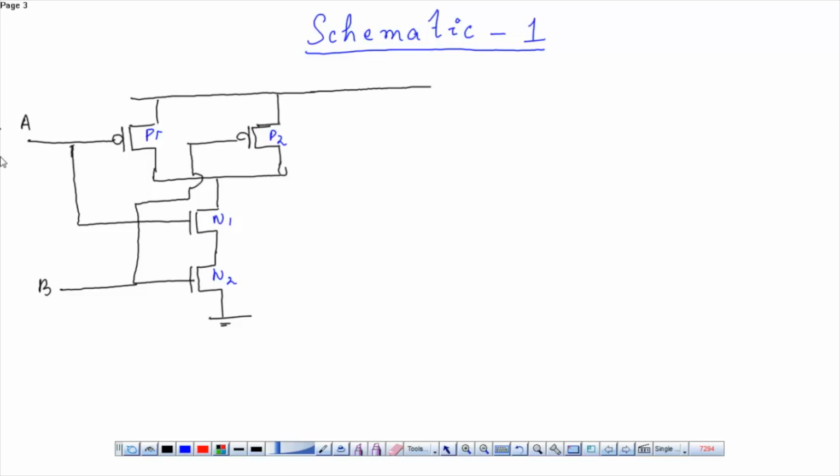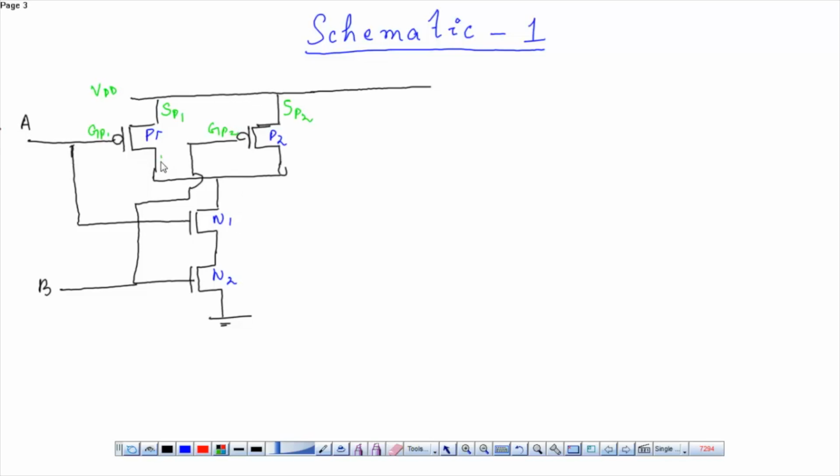Now let us name the sources and drains. This is the VDD. We all know that all the sources of the PMOS are connected to VDD. The sources of NMOS are connected to ground. So this is source of P1. This is source of P2. This is gate of P1. This is gate of P2.